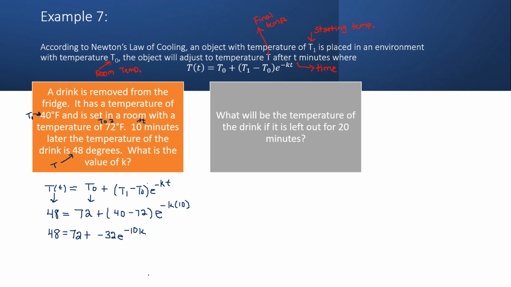Okay. Now, it is going to be tempting to want to take the 72 and minus the 32 because it looks like that might be the next step of math, but it's not. The reason why it's not is because this negative 32 is not a like term to the 72. The 72 does not have an e beside it, and it does not have an exponent. So because they're not like terms, that's as cleaned up as we can get it.